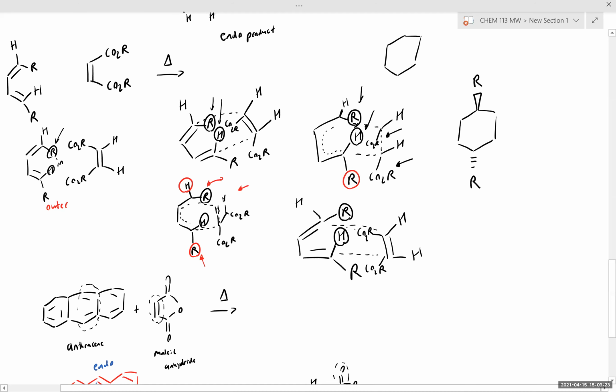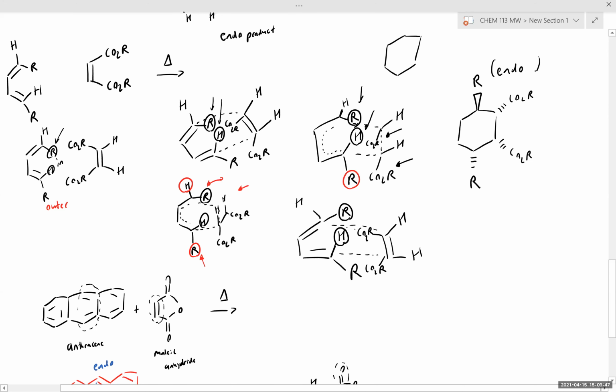Are these carboxylate groups pointing up or down? They're pointing down, exactly right. So this is our endo product.